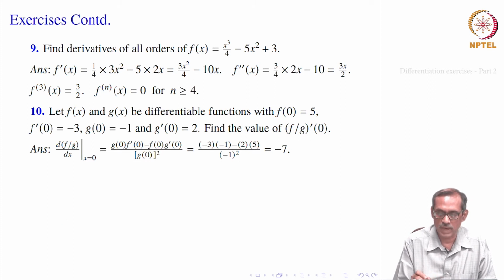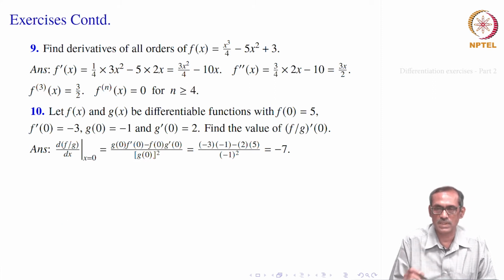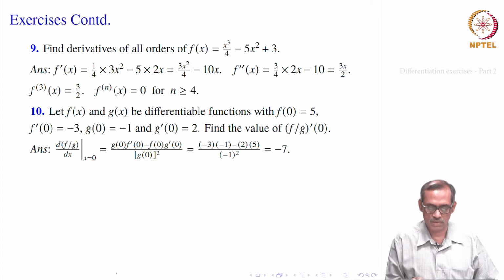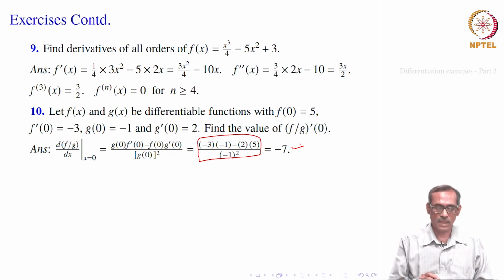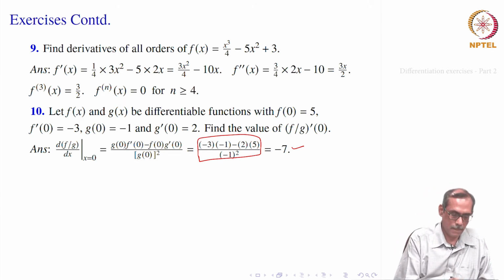So, it is g 0 f prime 0 minus f 0 g prime 0 divided by g 0 square. Then you substitute the values to get g 0 is minus 3, f prime 0 is minus 1, f 0 is 2, g prime 0 is 5. So, that gives this factor, which simplifies to minus 7. So, that is fairly easy.